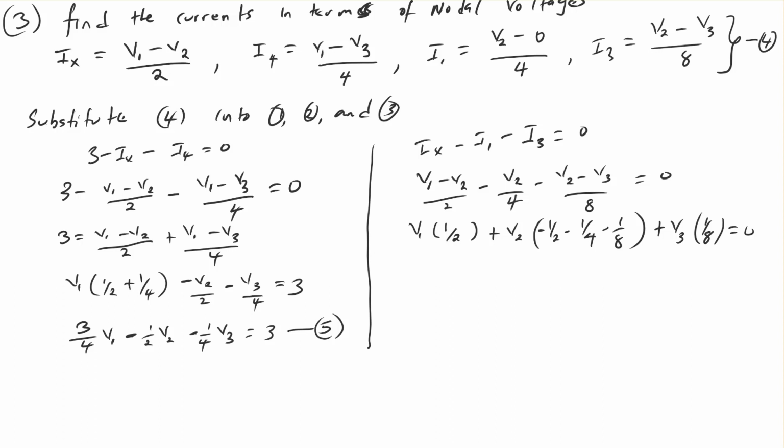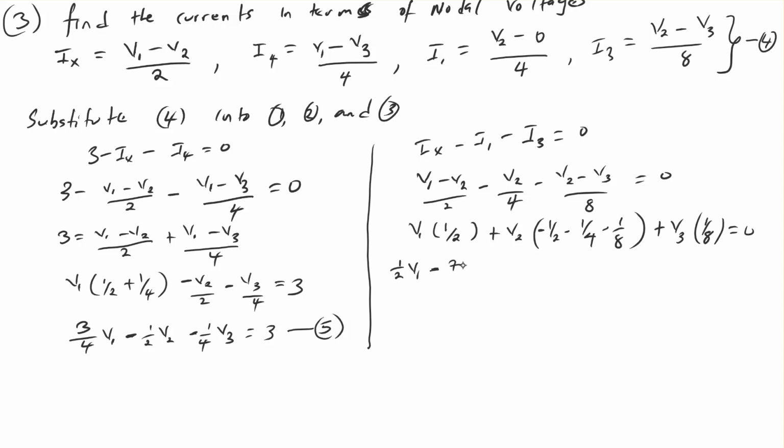So I'm gonna simplify further. I would have 1 over 2 V1, right? And this one is the same thing as 4 over 8. This is the same thing as 2 over 8. So 4 plus 2 is 6 plus this is gonna give me 7, right?